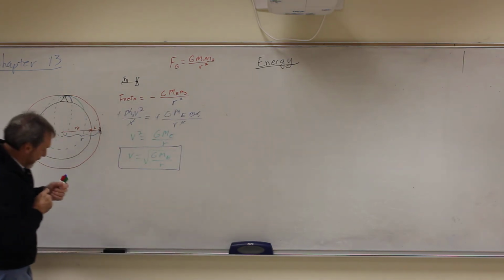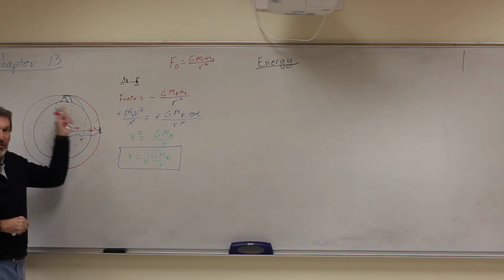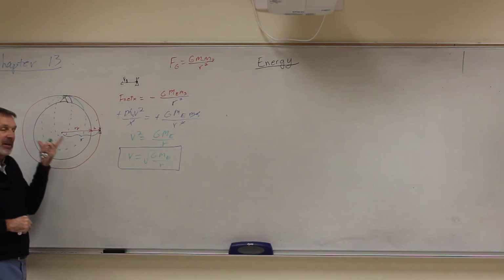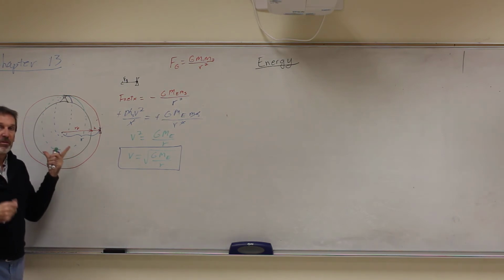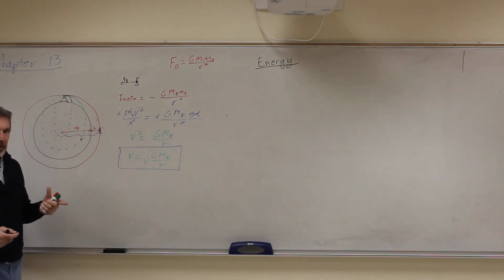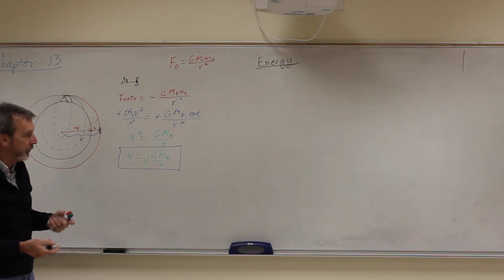And the great thing about objects in orbit is their energy is conserved through the whole orbit. And so if we can get their total energy, their potential plus their kinetic, that'll be the same no matter where they are in their orbit. And so you can use that to figure out how to change from one orbit to another.